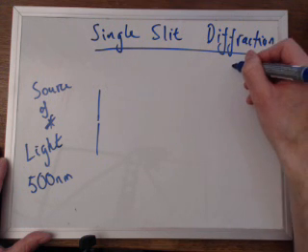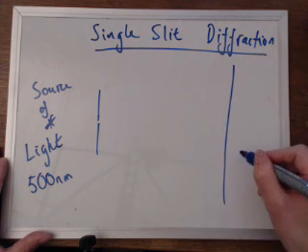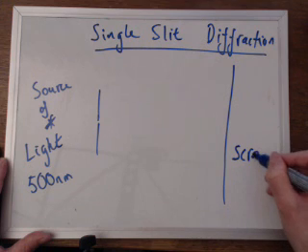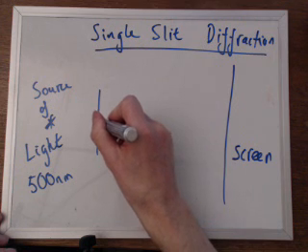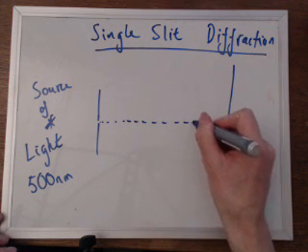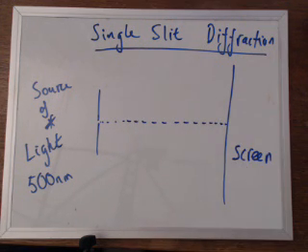Now, if we have a source of light here, and it comes to a very thin slit, and you have across here, let's have a screen. What happens is you will get some diffraction patterns from the slit. And what you'll find, now let's draw in a line here representing the middle.